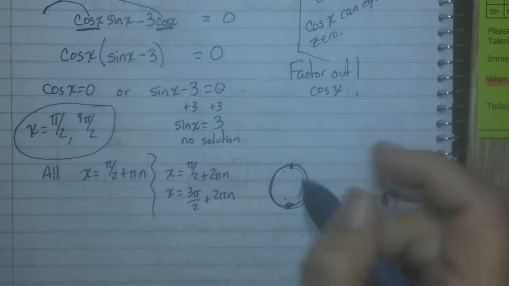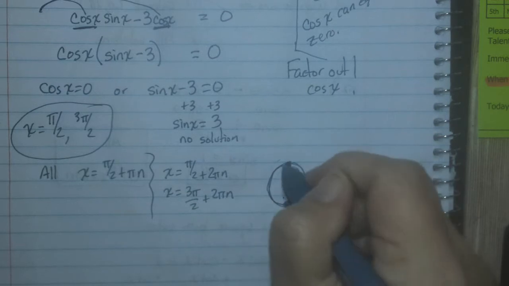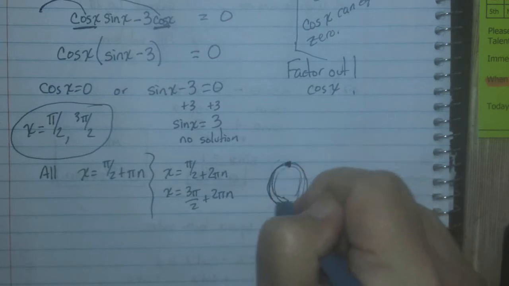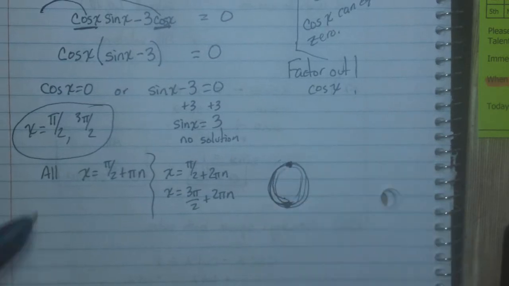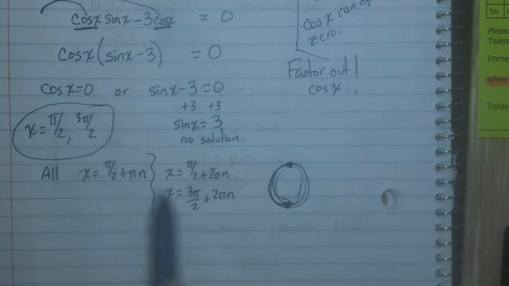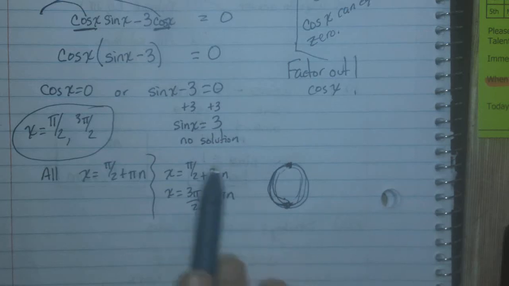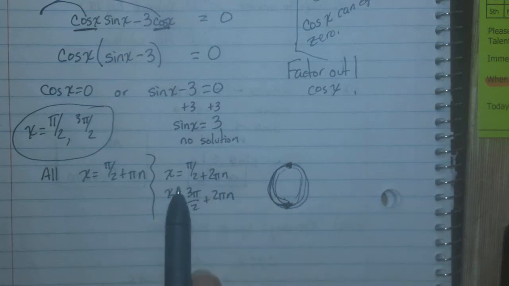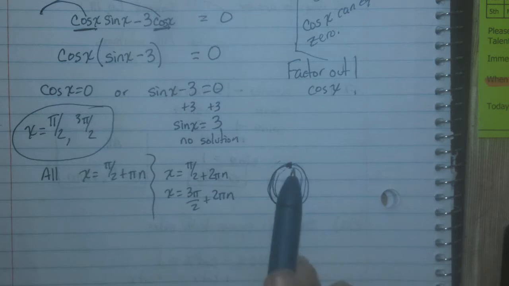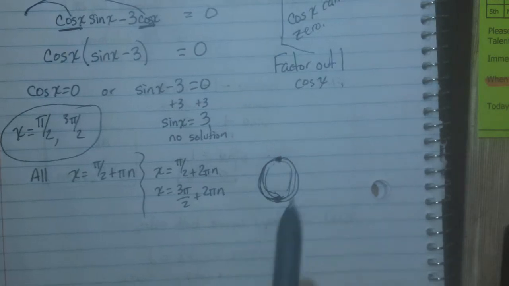But because these 2 points are half a circle away, this is like a condensed way to take these 2 answers and combine them into one statement. But your work for me, if you put this, that would be just as good. I know that you're understanding that it's at pi over 2 and then every cycle.